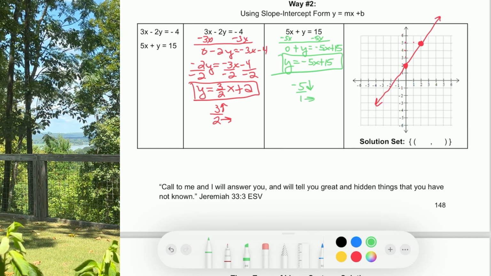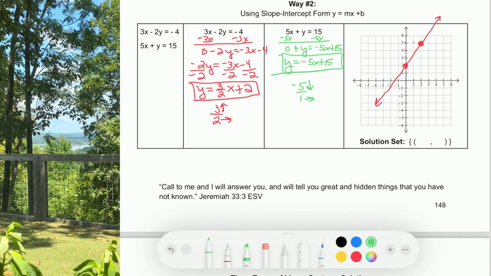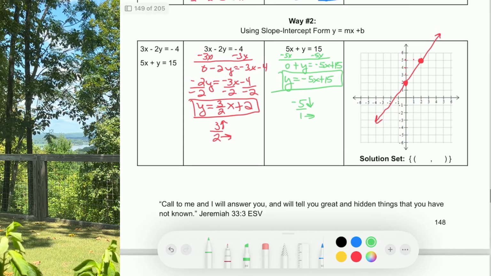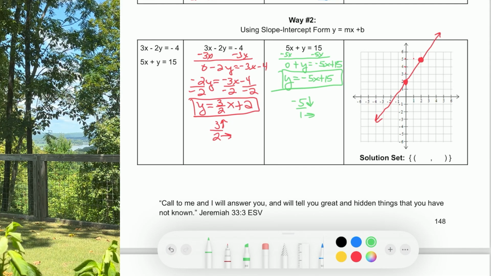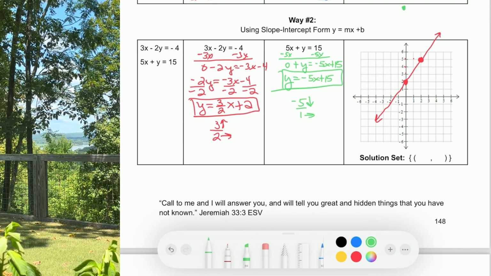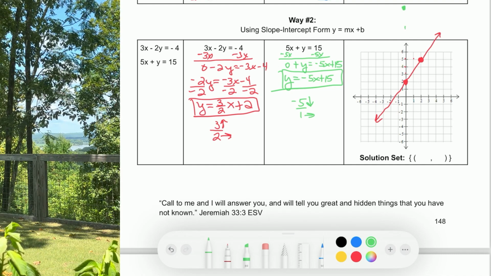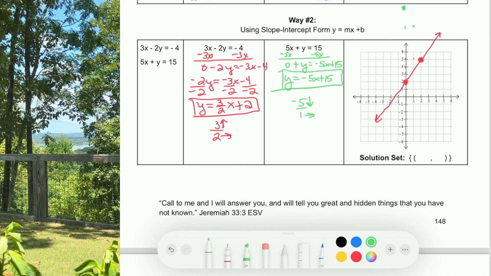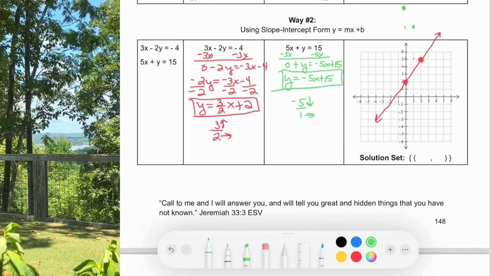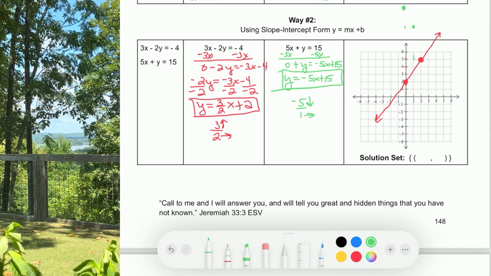All right. So let's see here. Again, it's going to be a little tricky to plot this one just because of the 15. But I'm going to come way up here and I'm going to plot my 15. I'm going to go down 5. So let's see, we would end up at roughly 10 and then over 1, about right here. I'm going to go down 5 again and end up at 5 and then over 1.